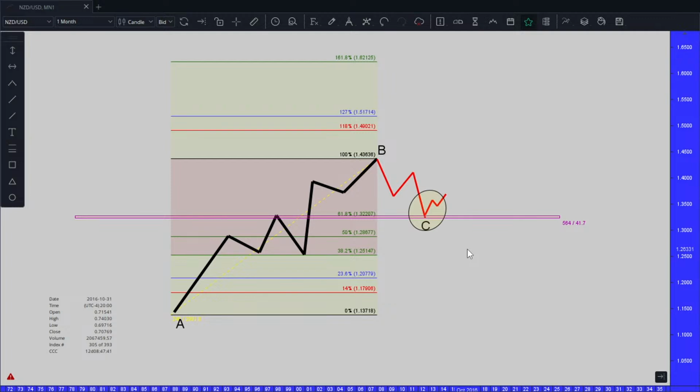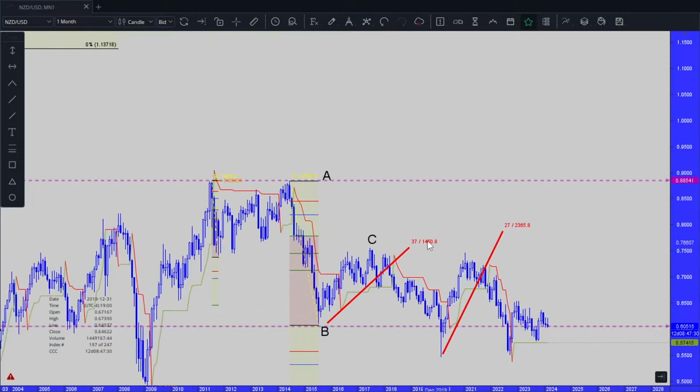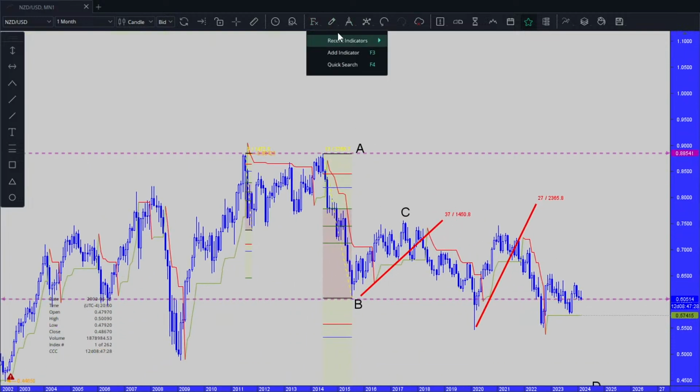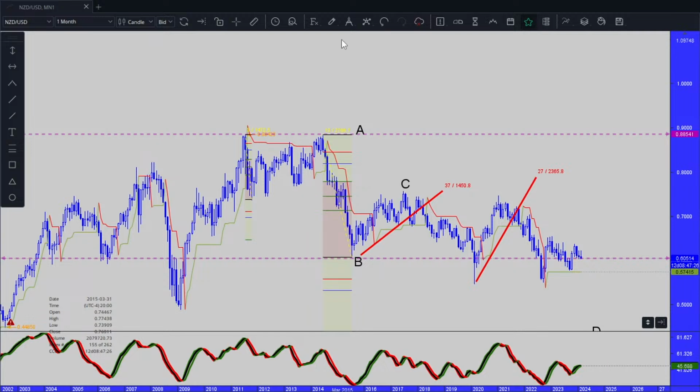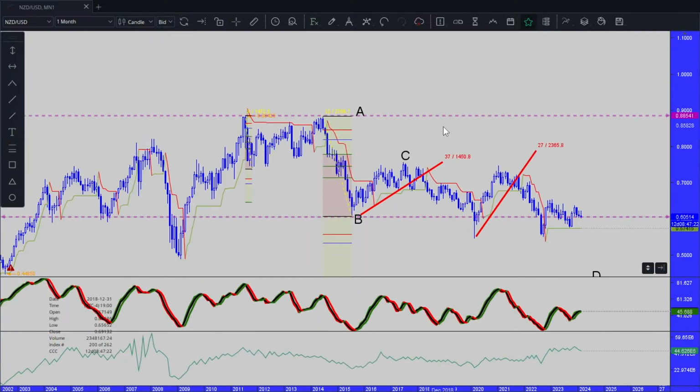You can have the Fibonacci, and then you are going to have your super trend, and then you are going to have this indicator, and this indicator, and you are going to say, oh, but you said it's 80% probability.